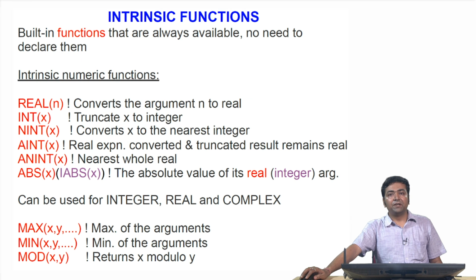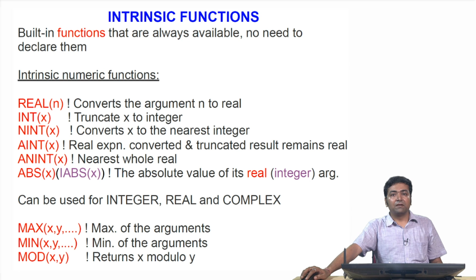There are some basic intrinsic functions in Fortran which allow you to do these conversions, which I have listed below. For example, the real function converts the argument into a real number, and int converts it to an integer number.